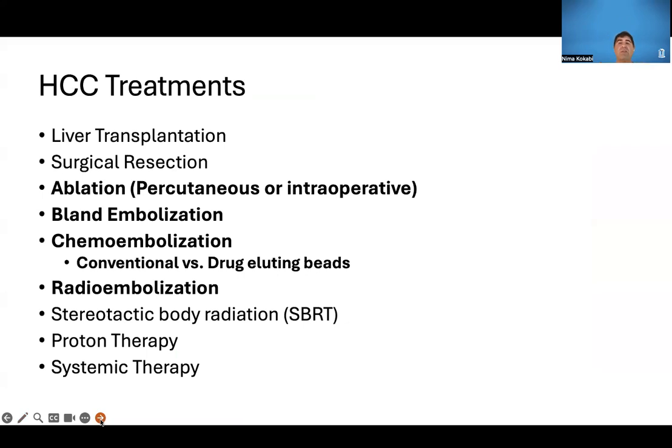When it comes to the treatment modalities that are available for HCC, there are multiple curative and palliative treatment modalities, and IR plays a major role in many of them. We're going to cover some of those.